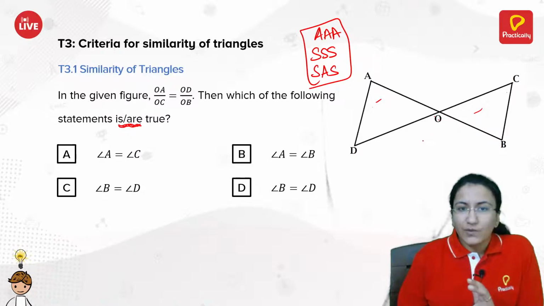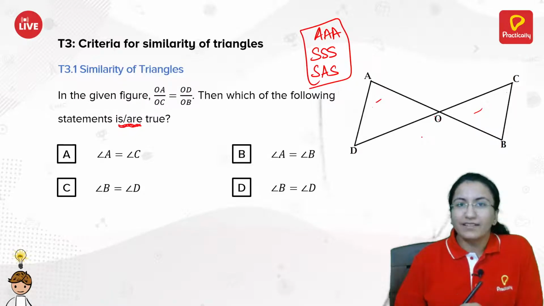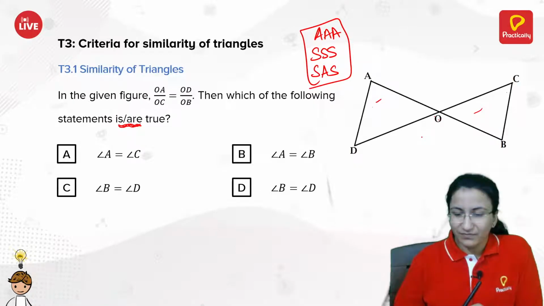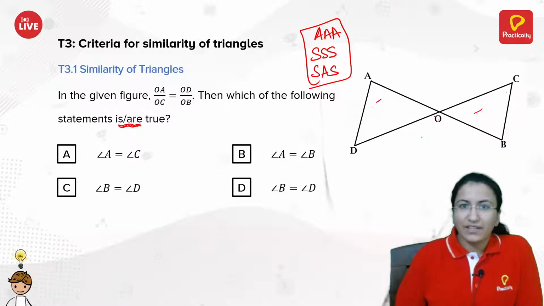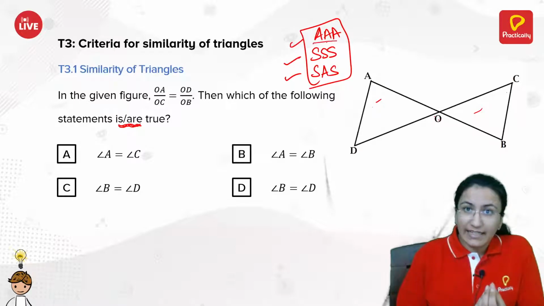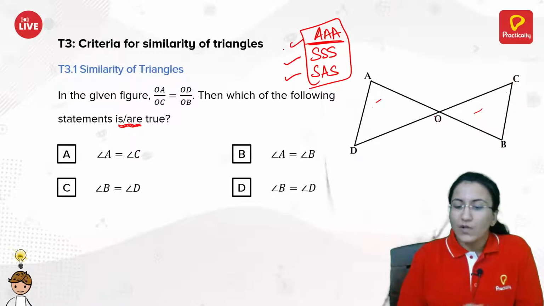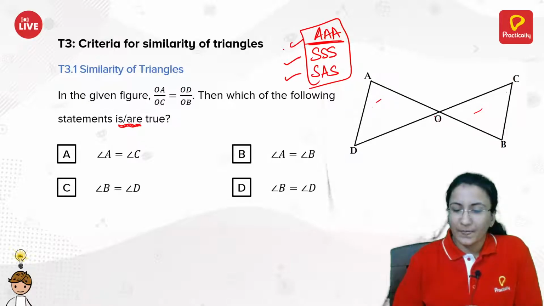Which criterion are you using? Those who have answered, which criterion are you using to answer the question? You are using AAA. How are you using AAA?